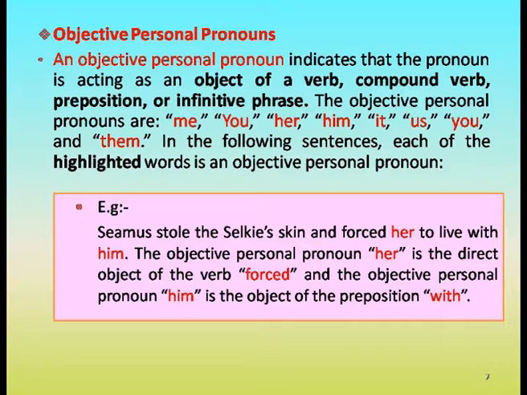For example, Shof stole the Silky's skin and forced her to live with him. The objective personal pronoun her is the direct object of the verb forced, and the objective personal pronoun him is the object of the preposition with.